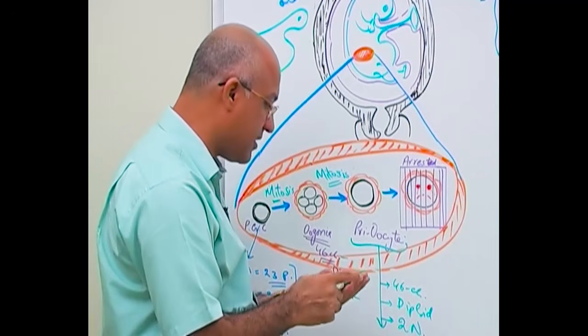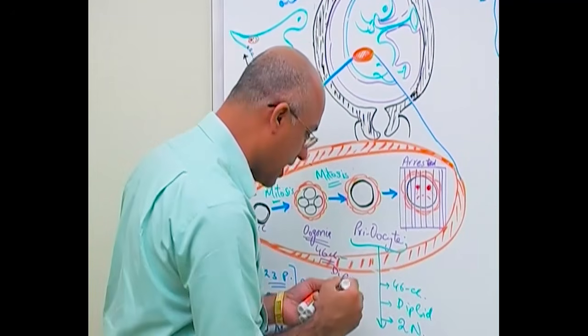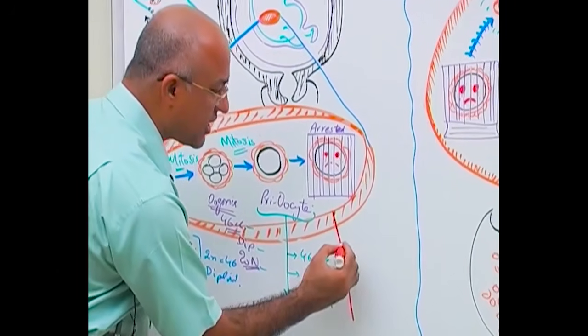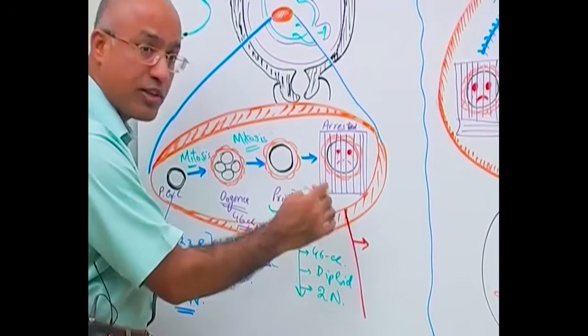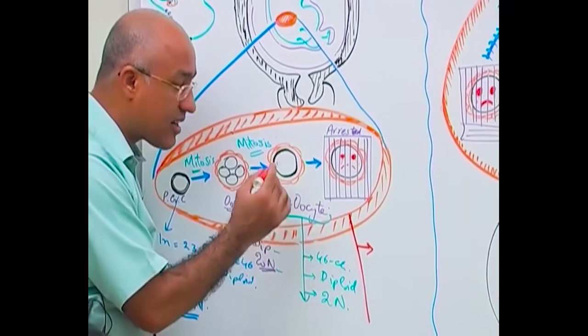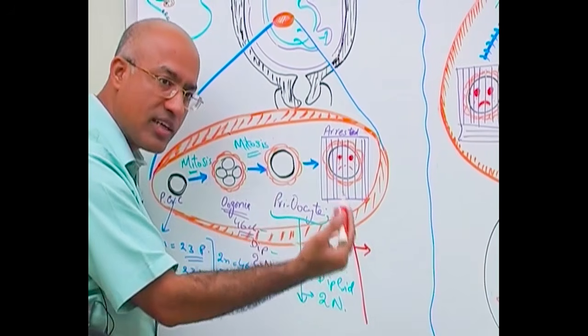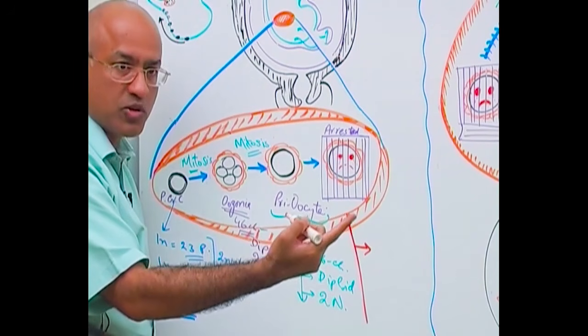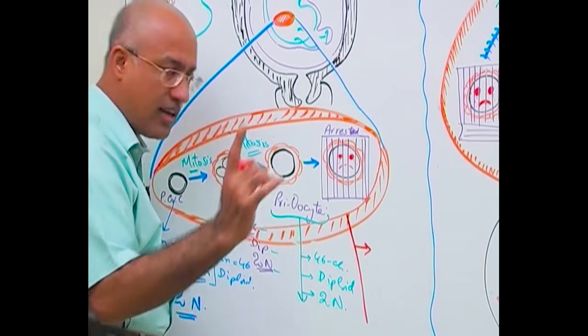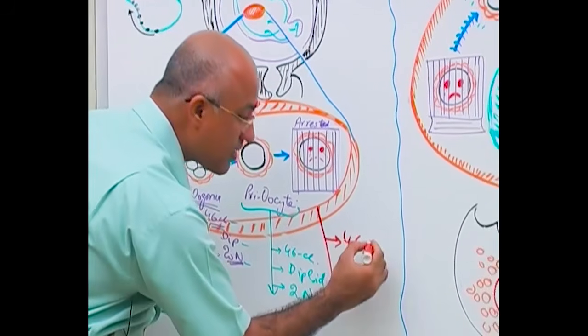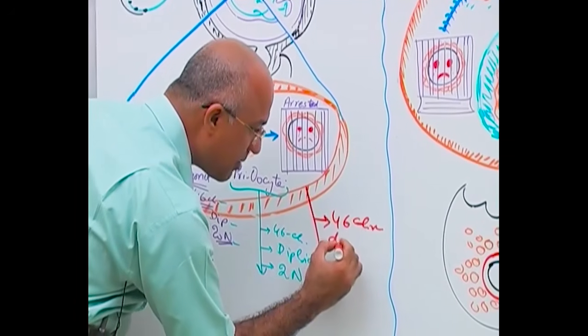At that stage, what is the genetic makeup of this cell? In the prophase of the first meiotic division, the cells have replicated their DNA and duplicated their chromosomes. But still, chromosomes are 46, although these 46 chromosomes are double structured.